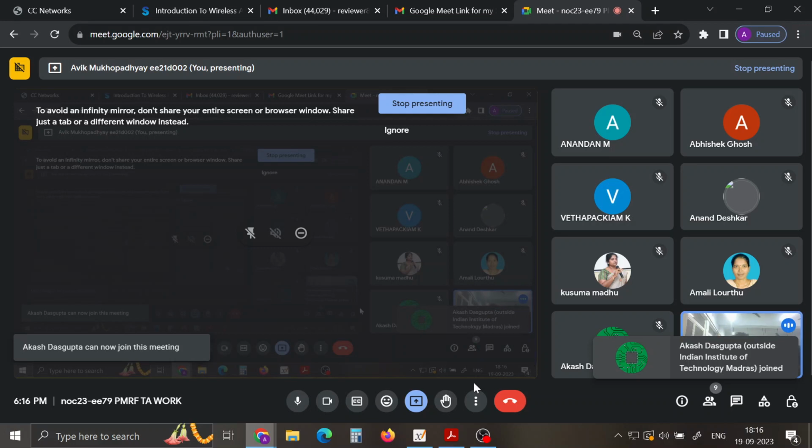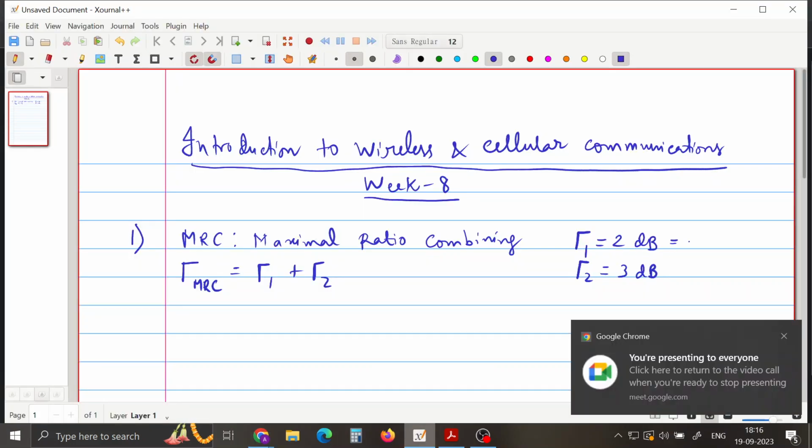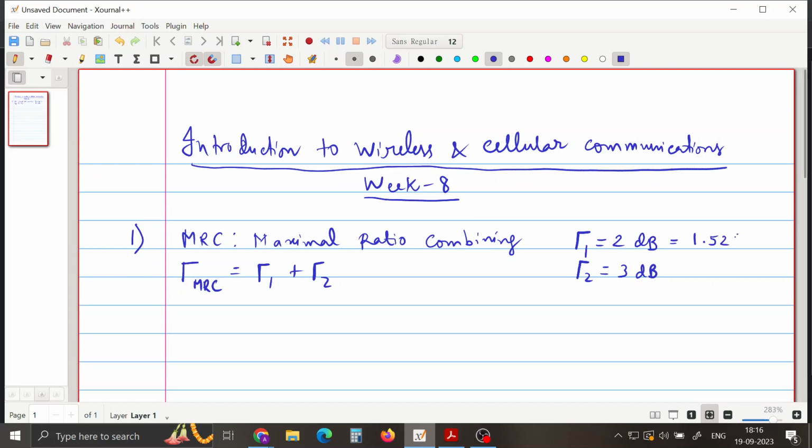Okay, good. So now if you convert from dB to linear scale, this 2 dB will be 1.524 and 3 dB, that's a very common figure, simply it's 2, right? So essentially if you multiply some number by 2, that means you are getting an increase of 3 dB, right?